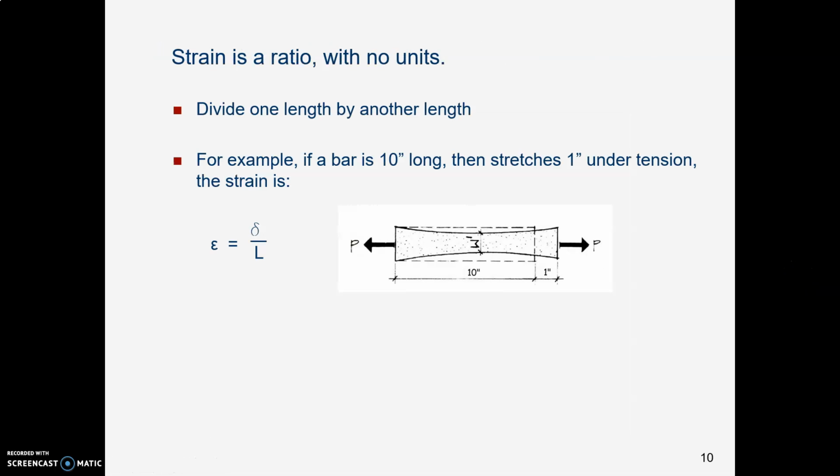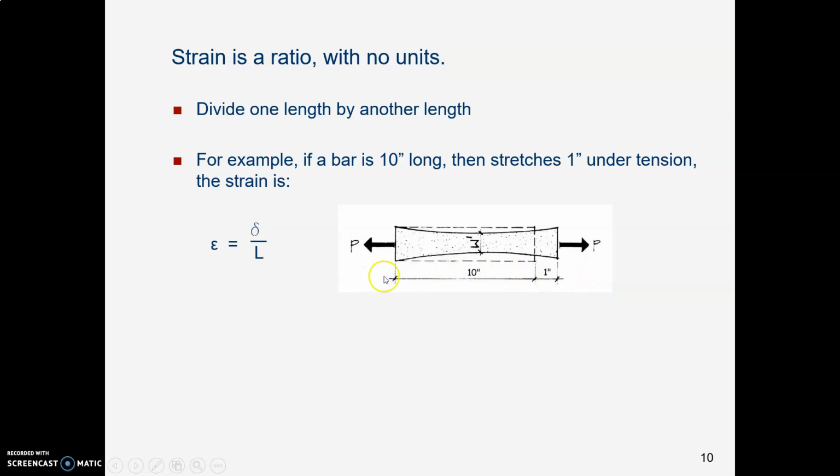What units is strain in? Turns out no units, and here's why. We've got one length divided by another length. So for example, let's say we have a bar here. It's originally 10 inches long. Then we pull on the bar and it gets an inch longer. The deformation, the change in length, is an inch. The original length was 10 inches.